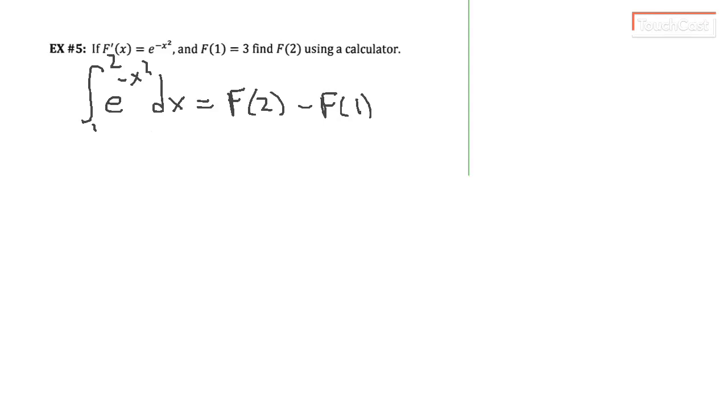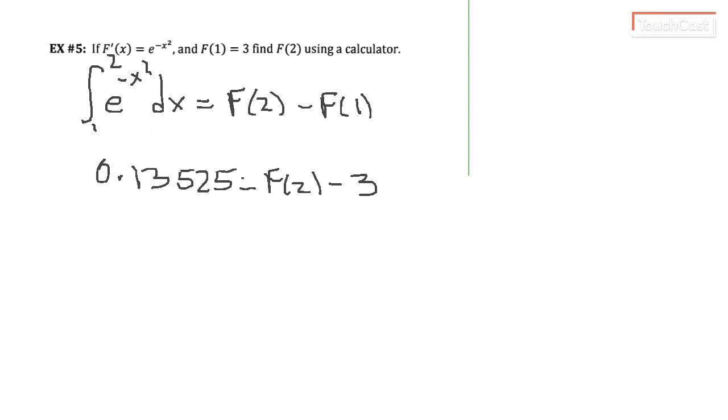Now, I'm going to put what I need into my calculator. For this integral portion, I'm going to get 0.13525 equals f of 2 minus 3.